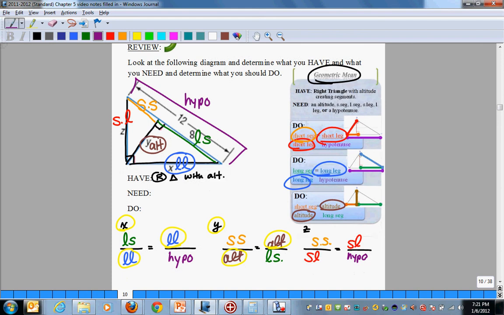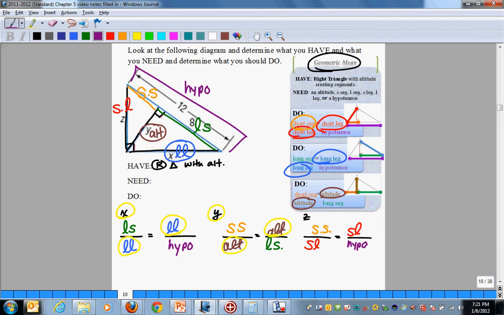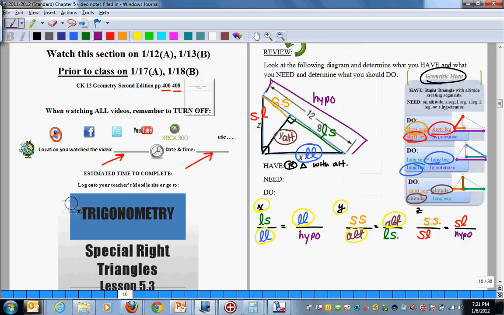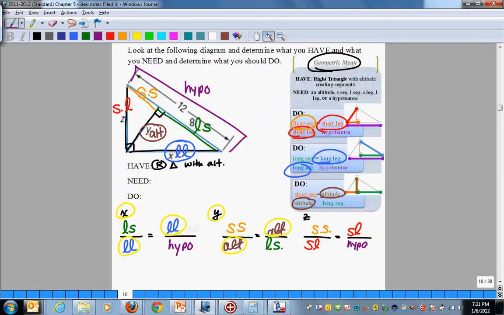So solving for X. X is the geometric mean between the long segment and the hypo. So we're going to use our X here, which is our long leg, and our long segment is 8, and our hypo is 12.